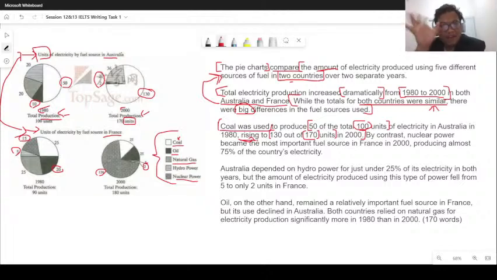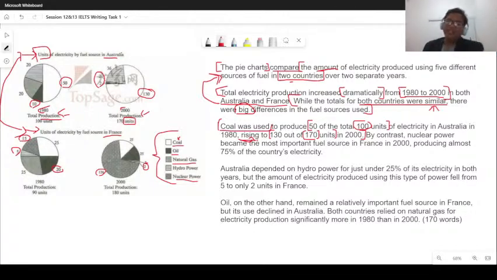This person varied the structure. If the person had written it similarly, for example, "coal was used to produce 50 of the total 100 units of electricity in Australia in 1980, and then rise to 130, rise to, and then rise to," that is less variety in regards to the grammar, because that's pretty much the same structure for both sentences. Here, it isn't the case.